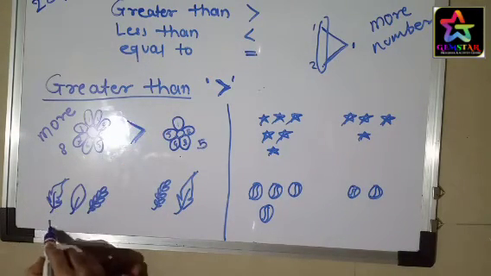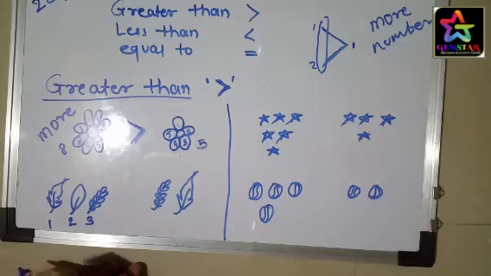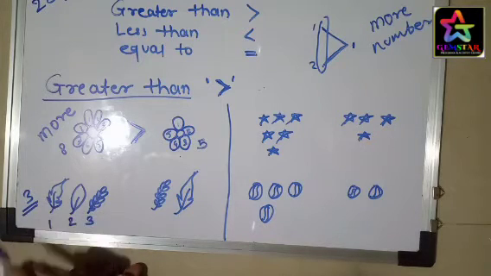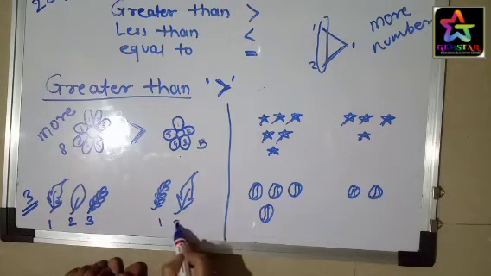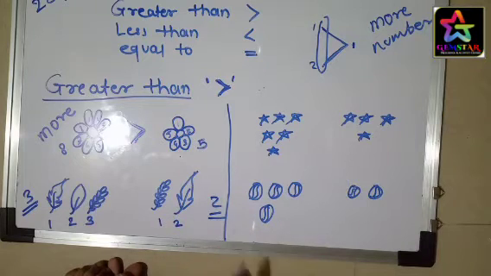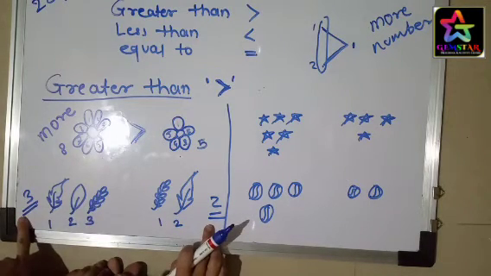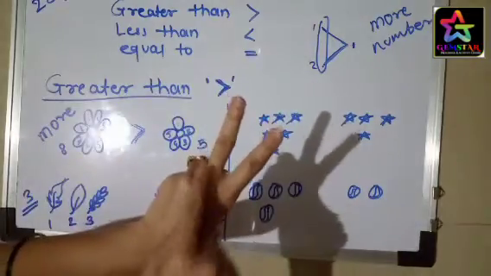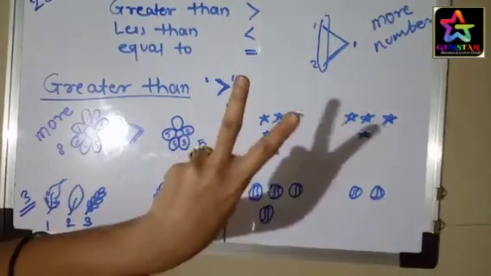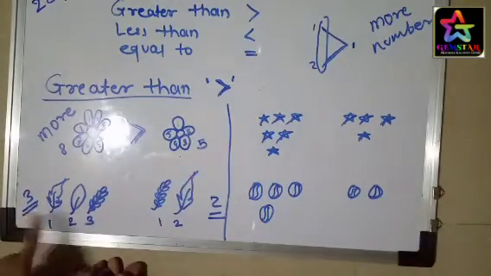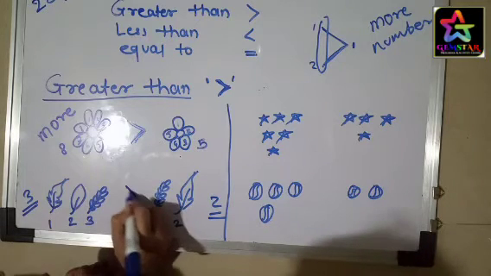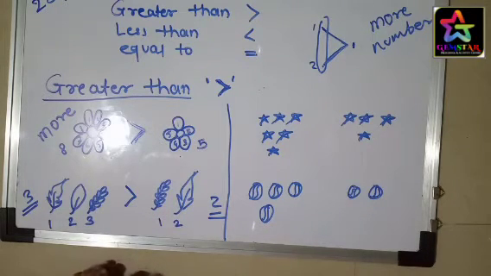So here is 1, 2, 3 leaf. How many leaves are there? 3. And here is 1, 2. 2 leaves. So which is greater number? 3. So we put this sign like this.